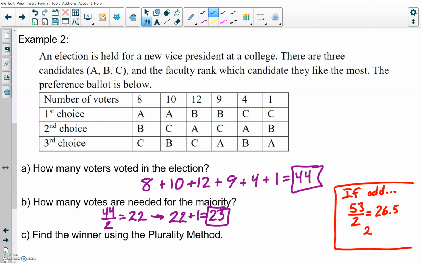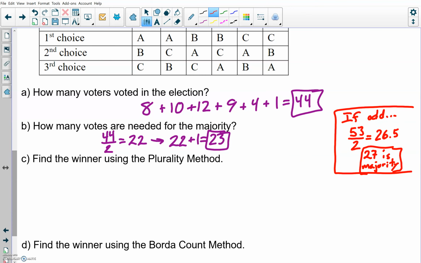So use 27, just the next whole number above 26.5 for the majority. So it's going to happen anytime you got an odd number of voters. You don't add 1, you just really have to add a half or go up to the next whole number, because anything more than half is a majority. Okay, so for even, add 1, for odd, add a half would be another way to think about that.